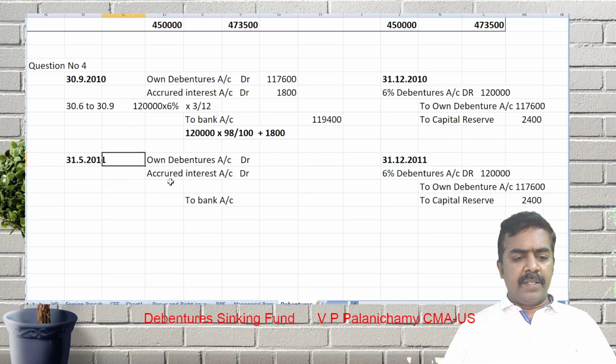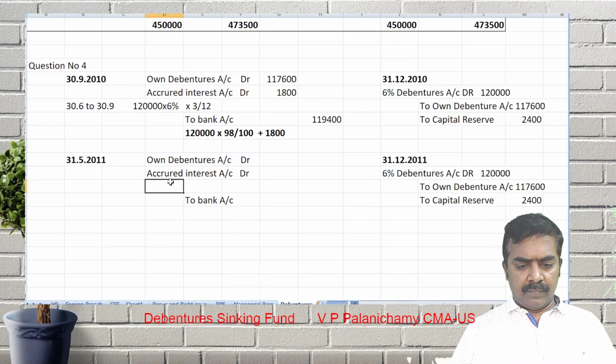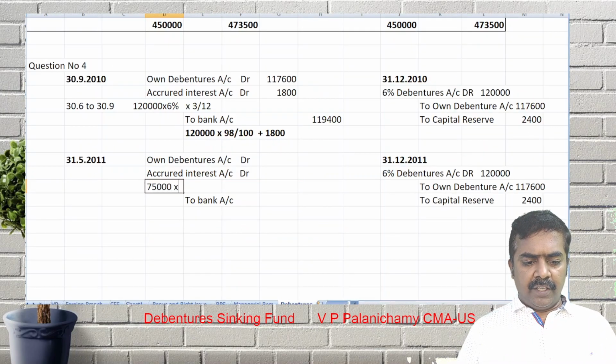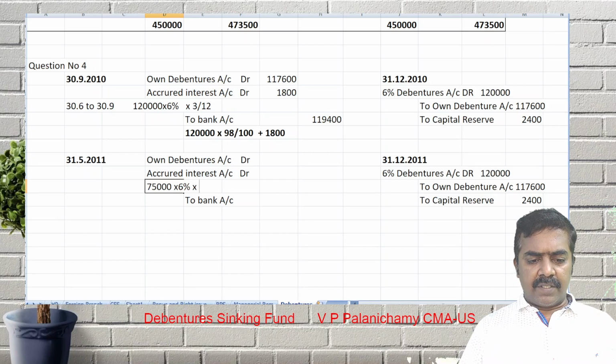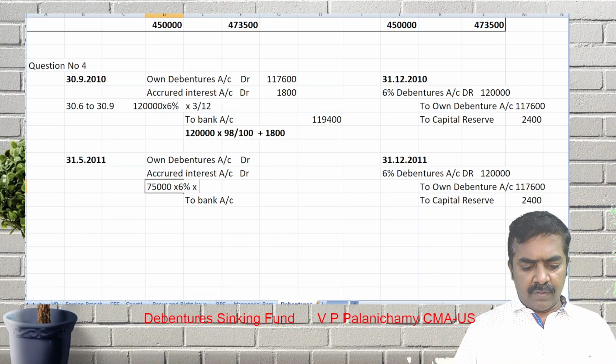Then எவ்வளோ own debentures purchase பண்ணுறோம்? 75,000 into எவ்வளோ percent interest? 6% interest for how many months? 5 months. 5 by 12.